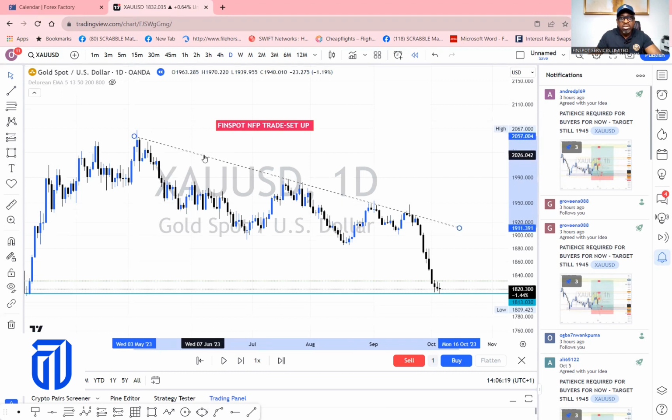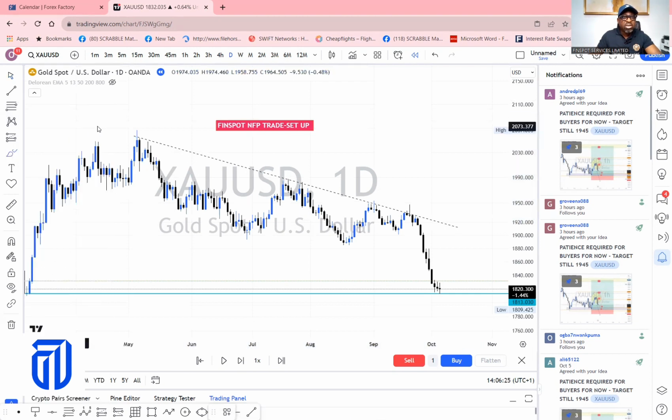Before that downtrend, this is the highest point gold ever got to. Every attempt for gold to break this trend line was frustrated. It tried to make an attempt, but still could not close above that point on the 19th of September.